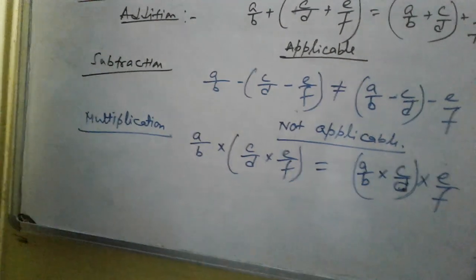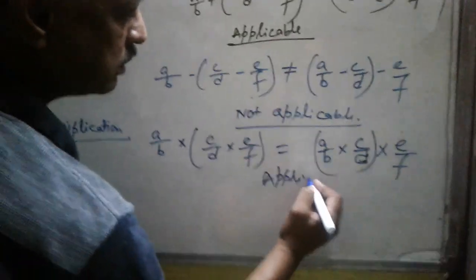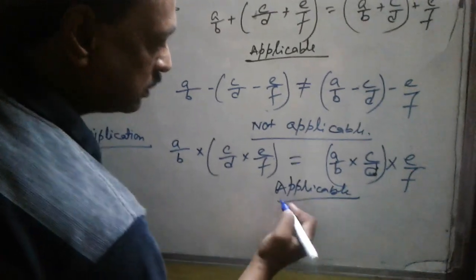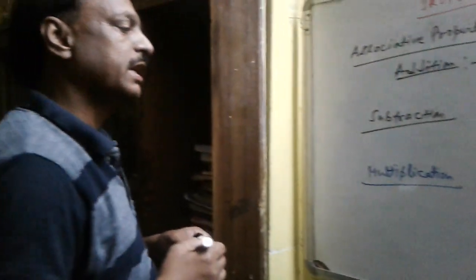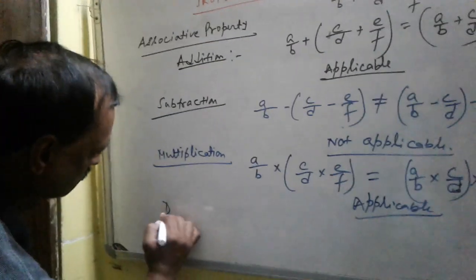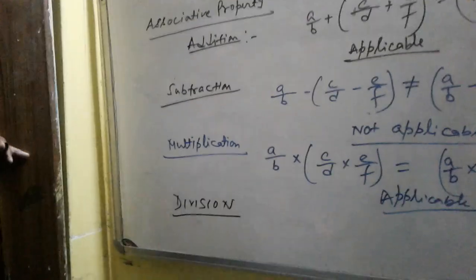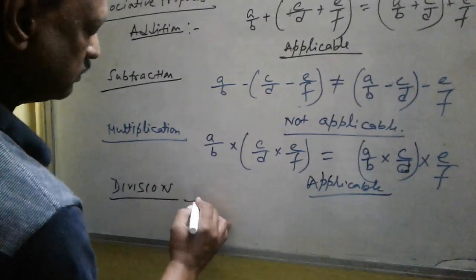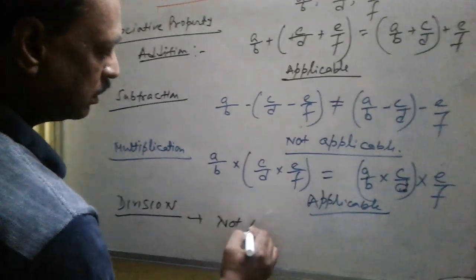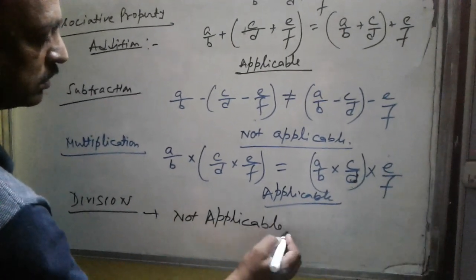Left hand side, right hand side will be equal, so it is also applicable. But the last one, in the case of division, it is not applicable. Not applicable.